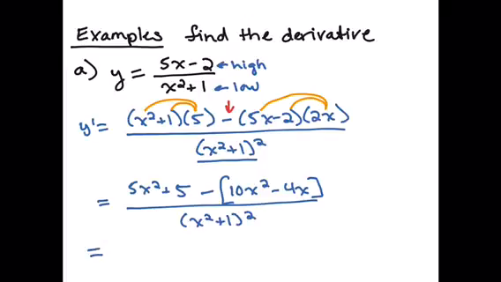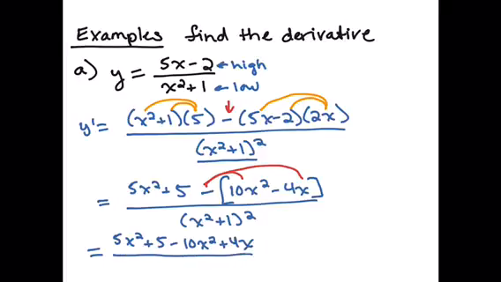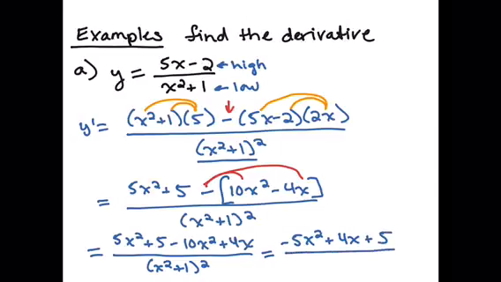And now I'll distribute the minus, and I get 5x squared plus 5 minus 10x squared plus 4x over low squared. And I see I have some like terms to combine. 5x squared minus 10x squared is negative 5x squared plus 4x plus 5 is my simplified final answer.